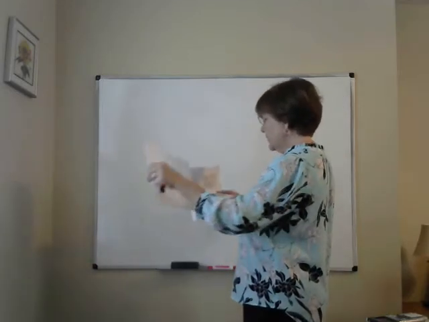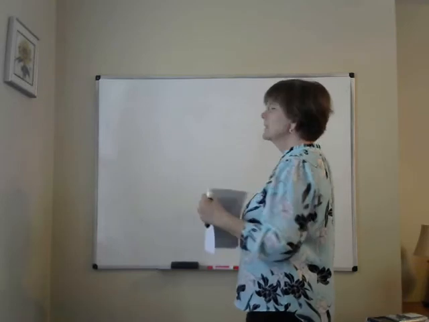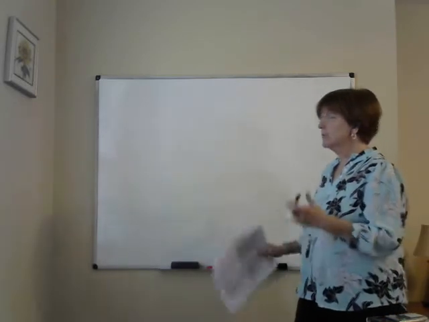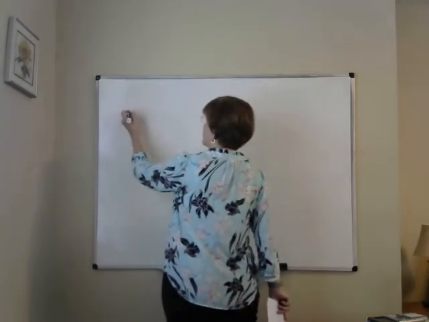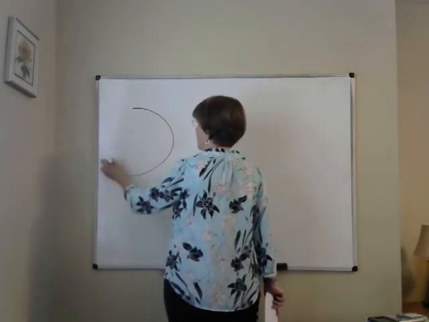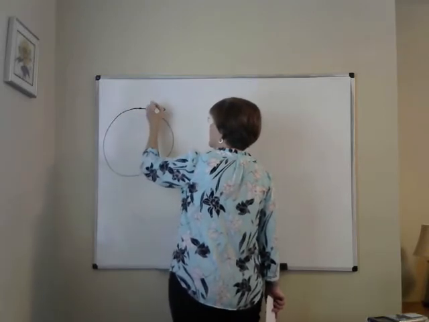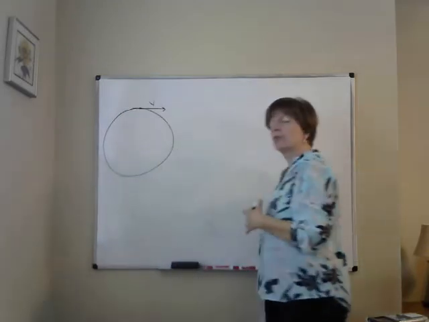I want to just do a quick recap on circular motion because we didn't study that whole chapter. But I just want to remind you, in order to move in a circle, you have to be in a state of constant acceleration.